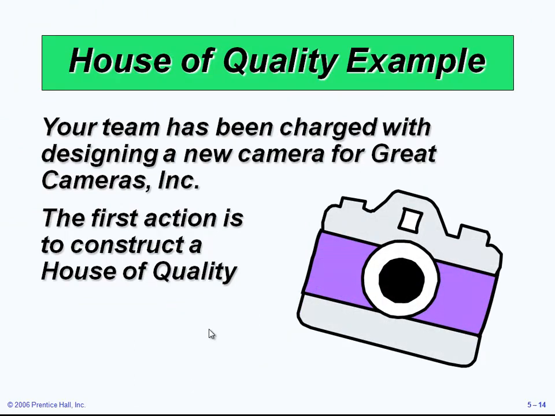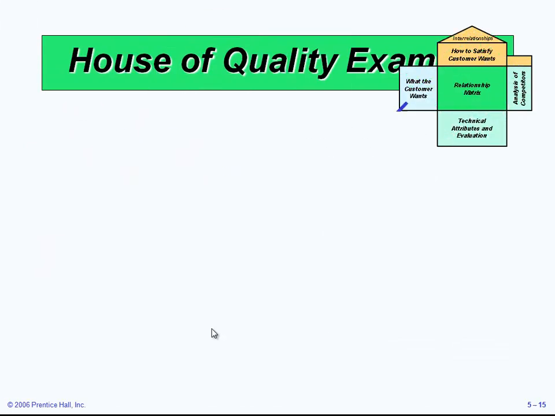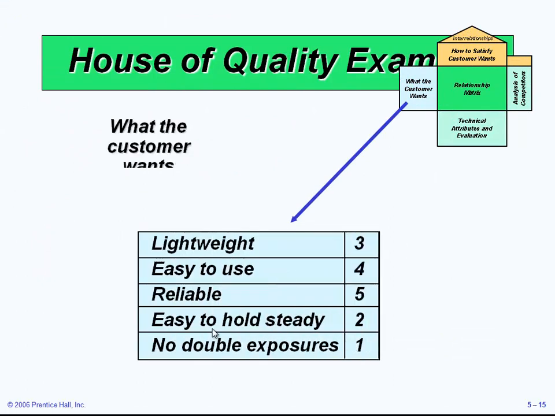We have an example here where let's assume that your team has been assigned to design a new camera for Great Cameras Incorporated. So the first action is to construct a house of quality. Let's capture what customer wants.